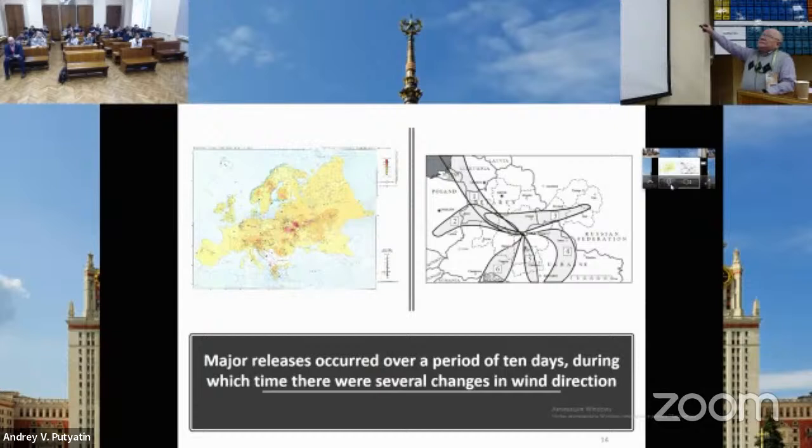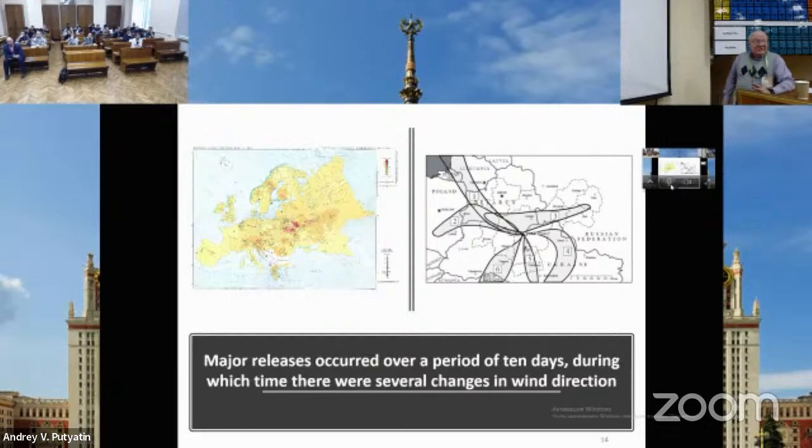Then the direction was here, then here, here, and here. Actually, the wind turned 360 degrees during these 10 days, and this is why the picture of contamination is so different from Kyshtym.